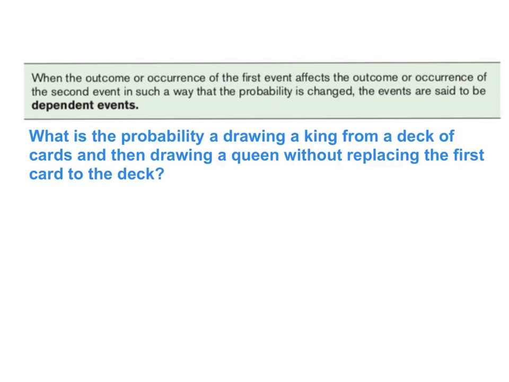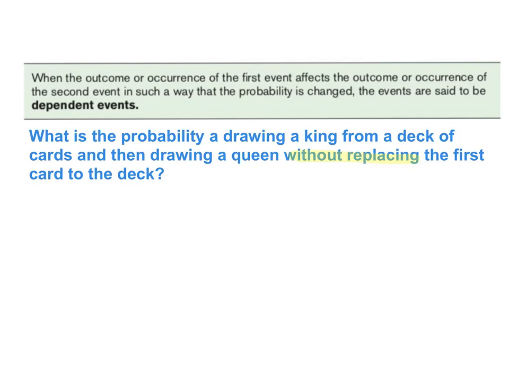What's the probability of drawing a king from a deck of cards and then drawing a queen? The key part here is that we are not replacing the first card. So our sample space on the second event will actually change based on what happens in the first event.